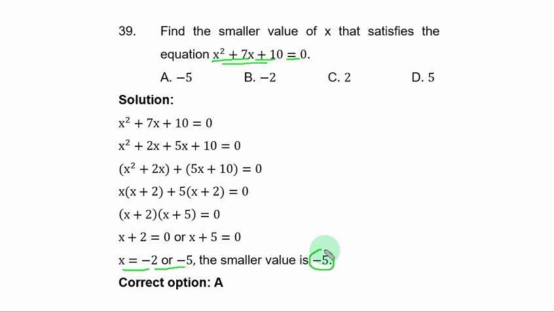You know, in your number line, you have 0. From 0 to the right, the number increases. You have 1, 2, 3, 4. From 0 to the left, the numbers decrease. Minus 1, minus 2, minus 3. So minus 2 is less than minus 1. That is the meaning. So minus 5 is less than minus 2. That is why minus 5 is the smaller value. A is the correct option.